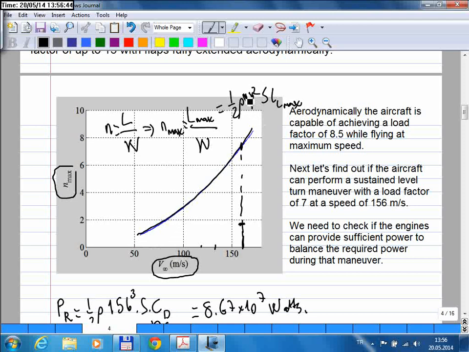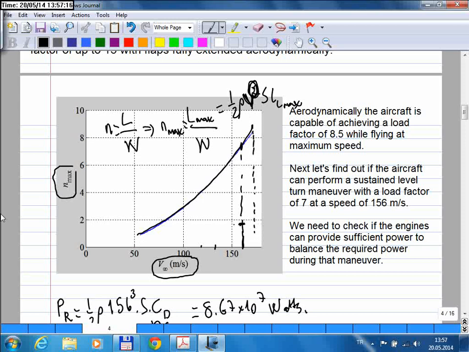And since this relation is quadratic due to this second power, at very high speeds you can theoretically have very high load factors, but that's not the only limiting factor. If you just consider the aerodynamics, you can say that this aircraft can go up to 9 Gs, for example. But again, it's not the only limiting factor. You have to consider other things as well before you can say that your aircraft can safely perform a maneuver at that speed.